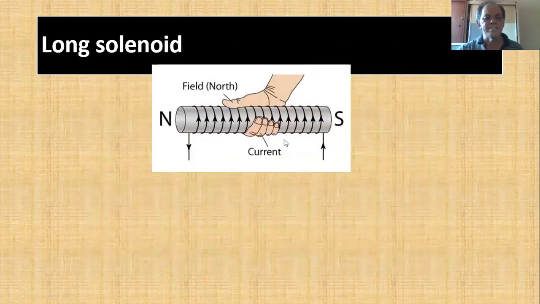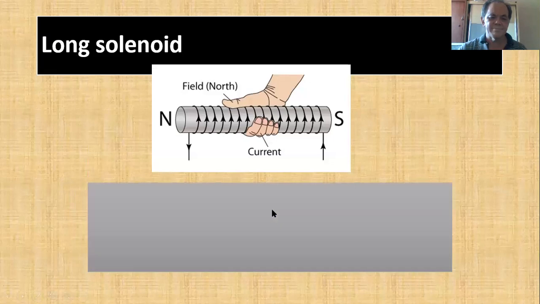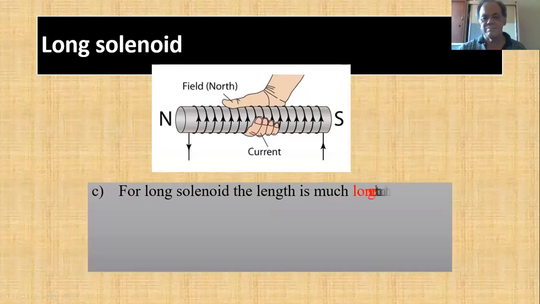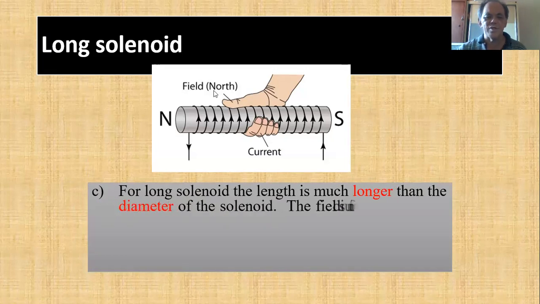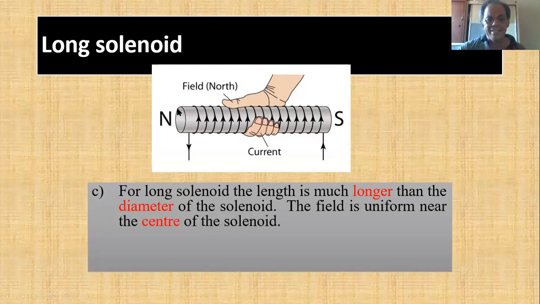Okay, how do we get direction? When we say long solenoid, we compare the length and the diameter. If the length is much longer than the diameter, then we say it's a long solenoid.